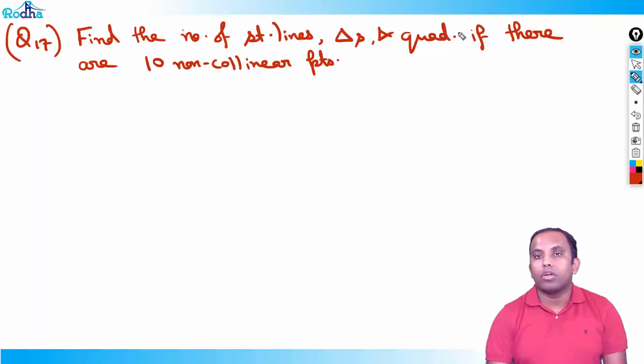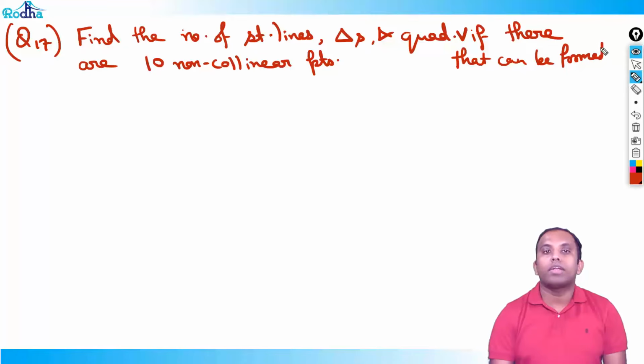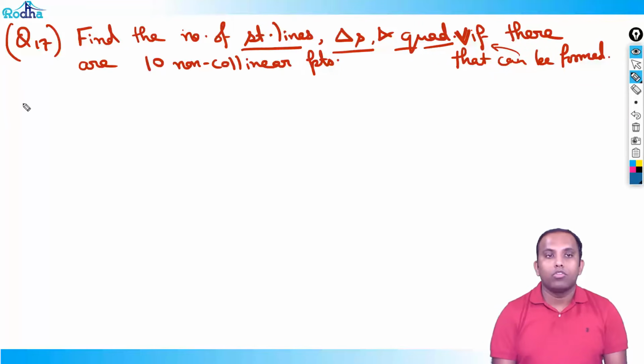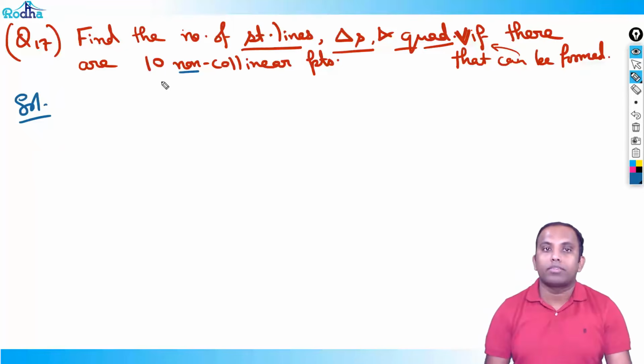Right, find the number of straight lines, triangles and quadrilaterals that can be formed if there are 10 non-collinear points. So you can solve it.